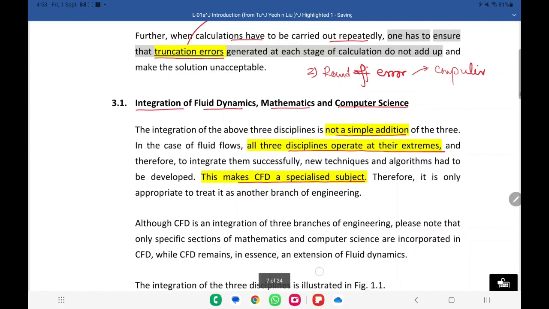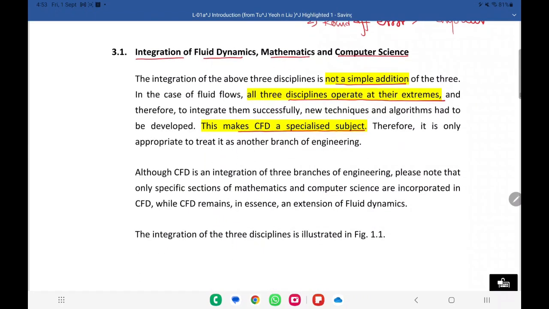Although CFD is an integration of 3 branches of engineering, please note that only specific sections of mathematics and computer science are incorporated in CFD, while CFD in essence remains an extension of fluid dynamics.